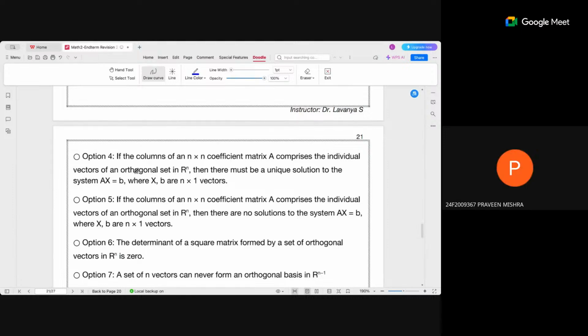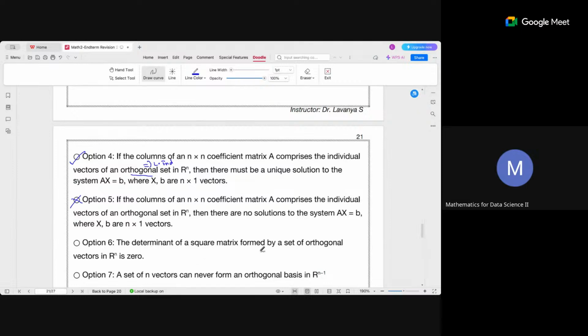Yes, orthogonality implies they are linearly independent, hence you can have a unique solution. If the columns of an n by n coefficient matrix A comprise the individual vectors of an orthogonal set in Rn, then there are no solutions. This is the opposite of the previous statement, so, of course, it's incorrect.